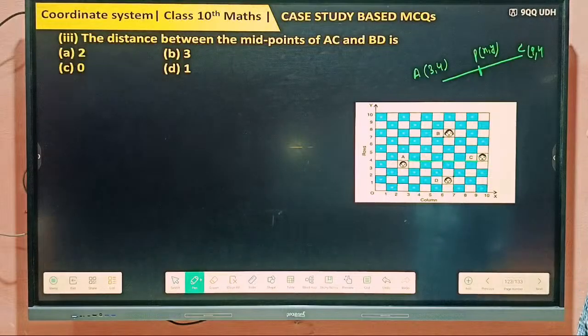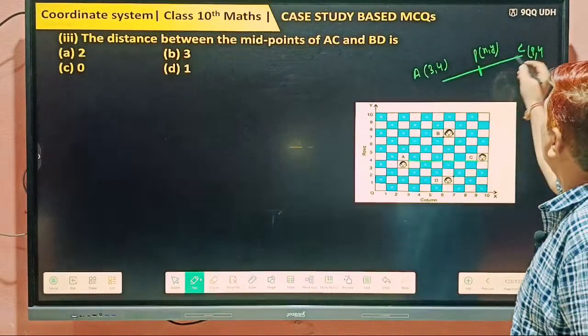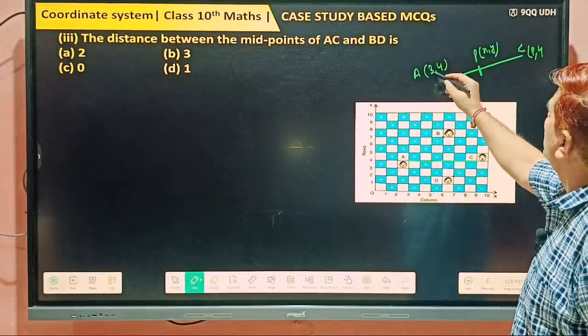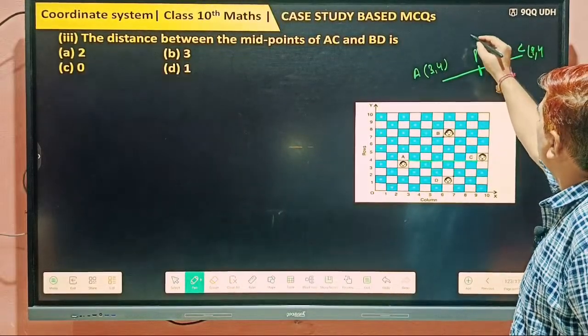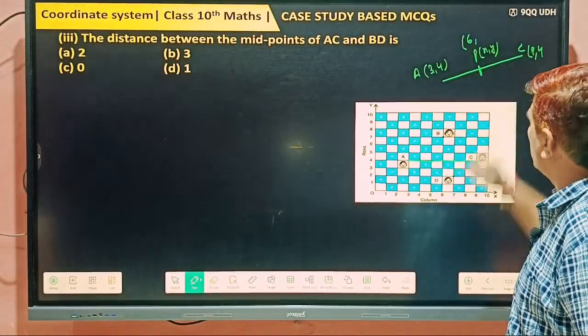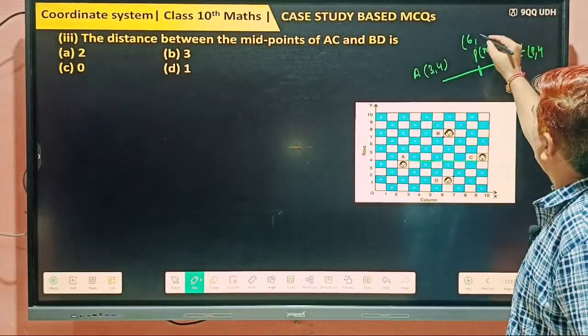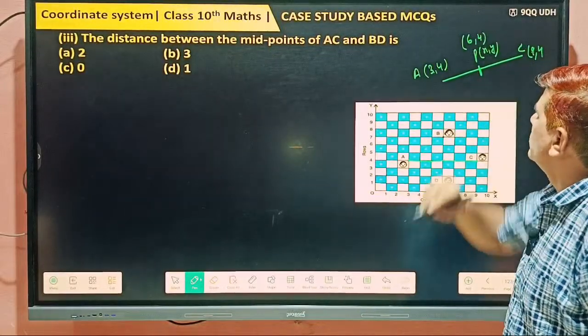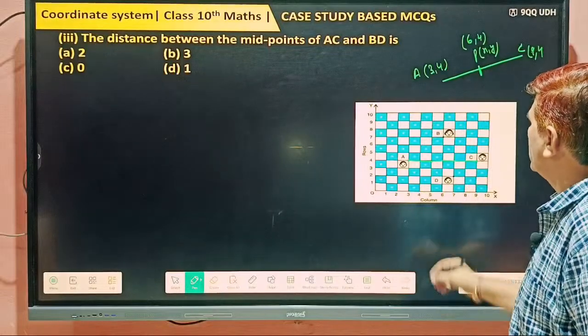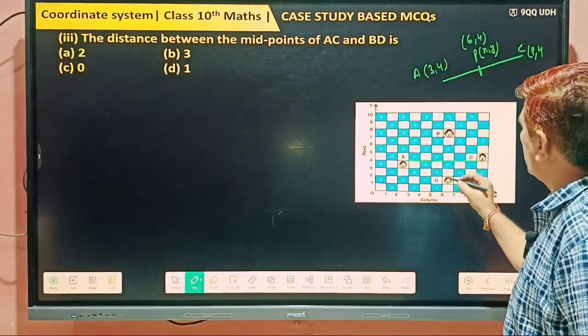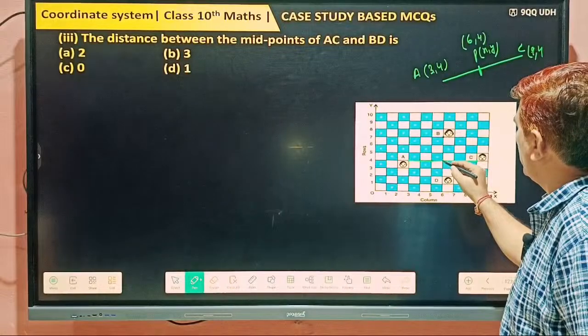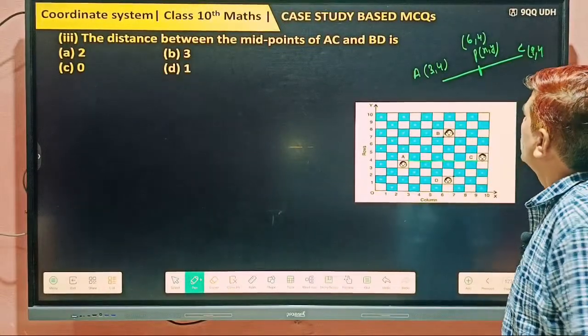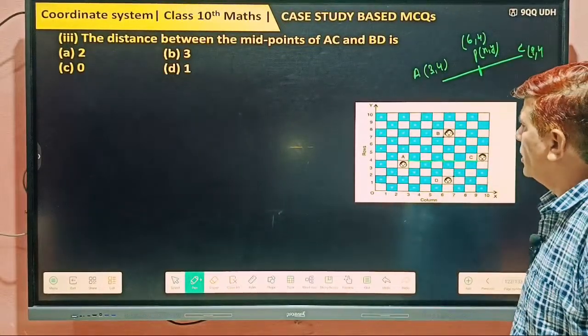So first we will find out the midpoint of AC. So this plus this, 9 plus 3, 12 by 2, 6, and another one, 4 plus 4, 8 by 2, 4. So which point we can say? P, whose coordinates are 6 and 4. This is the midpoint of AC.